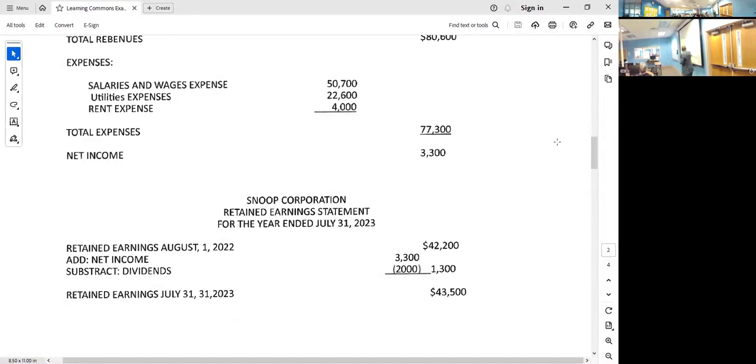We subtract out the dividends, and that's the difference with that 1,300. And the ending retained earnings is 43,500. So that's our ending retained earnings. Remember, if this was a net loss, it would be in parentheses, and you would have subtracted it from the beginning retained earnings.